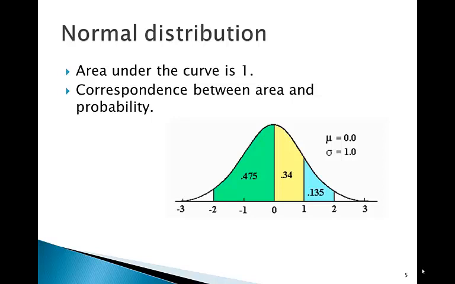When we take a look at the normal distribution, there's a correspondence between the area under the curve and the probability. So for example, if you look at the area under the curve between 0 and 1, that area is equal to 0.34. That would also be the probability of a randomly selected observation falling between 0 and 1. So the area and probability have a direct correspondence.